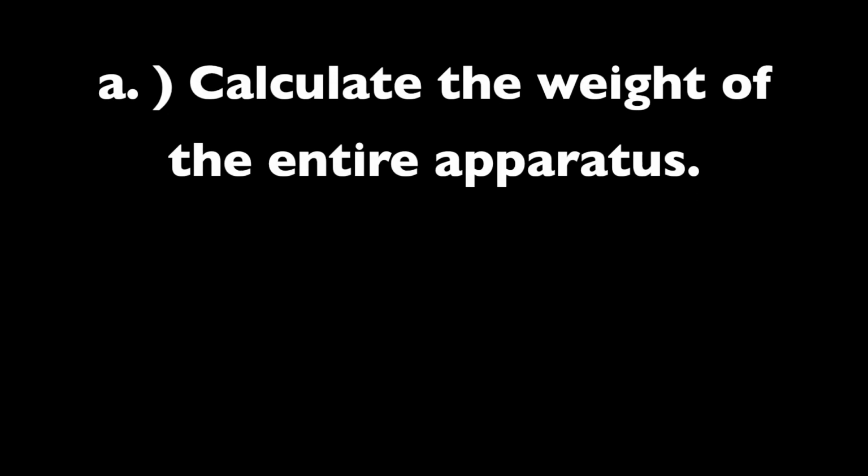Part A. Calculate the weight of the entire apparatus. So, we know the weight of the beaker is equal to 2 newtons, and it was also given that the weight of the ball is 3 newtons. So, we have to find the weight of the water inside the beaker.